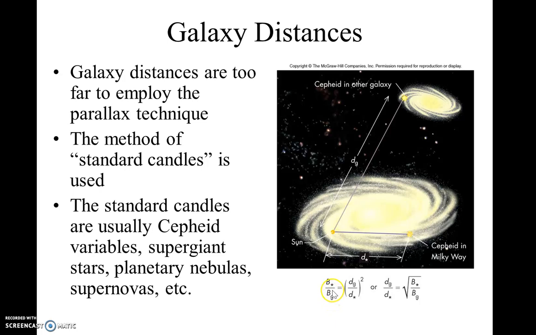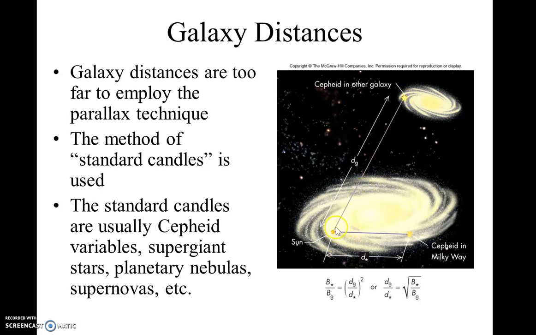The same Cepheid, right? So remember, with Cepheid variable stars, you measure the period very carefully, and then if you have another Cepheid with exactly the same period, like let's say in another distant galaxy, then they both have the same intrinsic brightness.